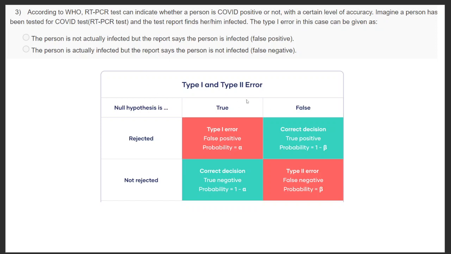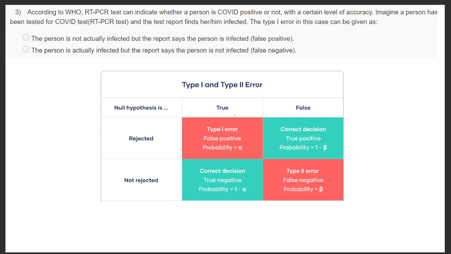So this is a summary of all the possibilities. You set a null hypothesis for this testing. So there are four possibilities. One is that the test may come true, but actually it may be false. So that is a false positive.